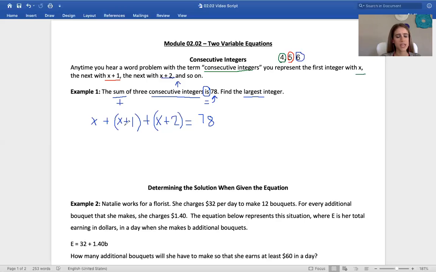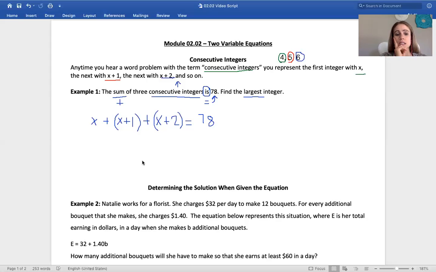Nope, I don't have anything being multiplied, so I don't need to distribute. If I look on the inside, they're not like terms, so I can't combine them. So therefore, the parentheses are just there for grouping. They don't hold any meaning. So essentially, I can ignore them, or you could write them without the parentheses.